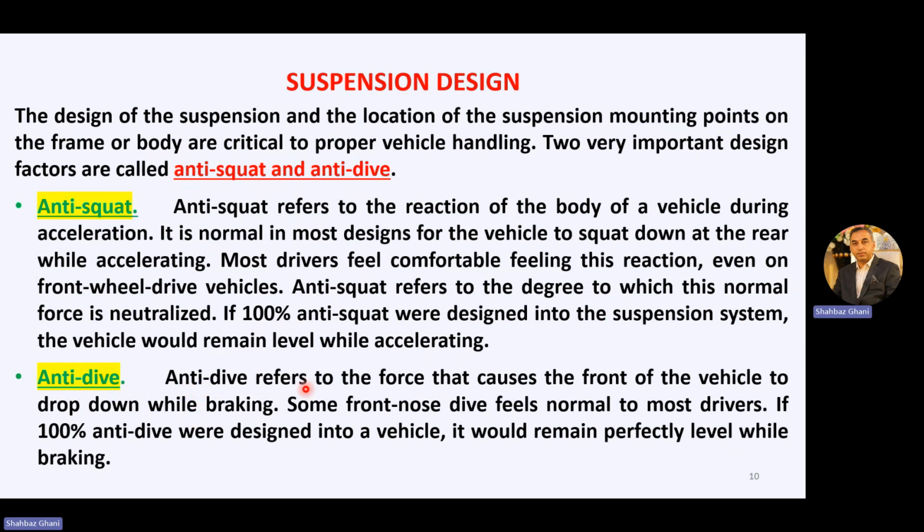Some front nose dive feels normal to most drivers. If 100% anti-dive was designed into a vehicle, it would remain perfectly level while braking. So first is the upper lift and second is the downward motion. So we have to cater for both these motions while designing a suspension system.